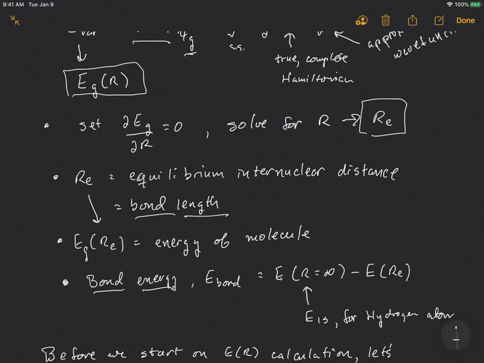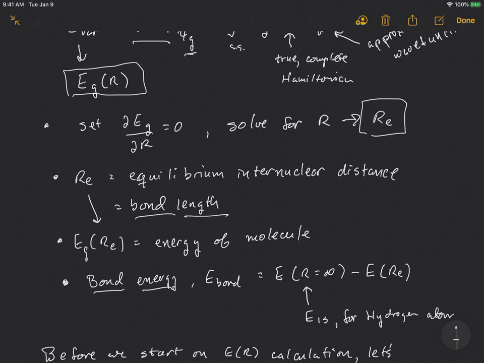We can even go a bit further and estimate a bond energy. A bond energy would be equivalent to the energy required to move the internuclear distance R from the equilibrium internuclear distance, and then we are pulling the molecule apart.